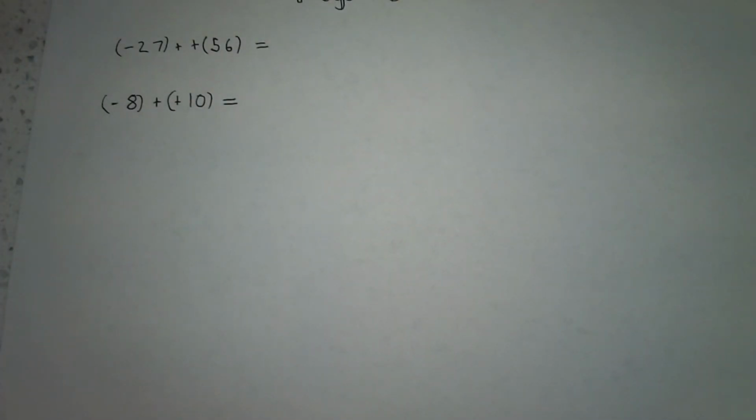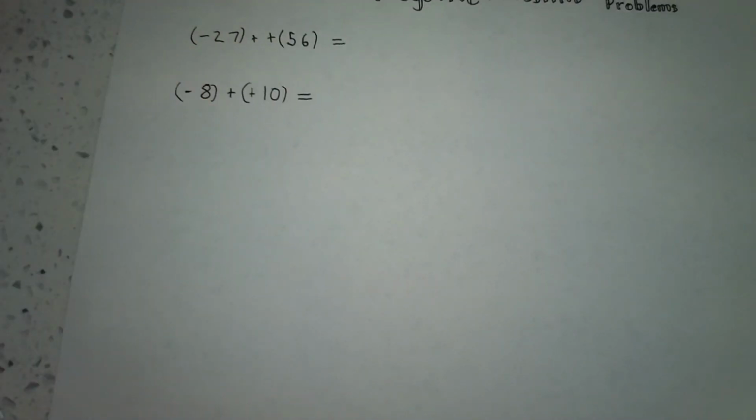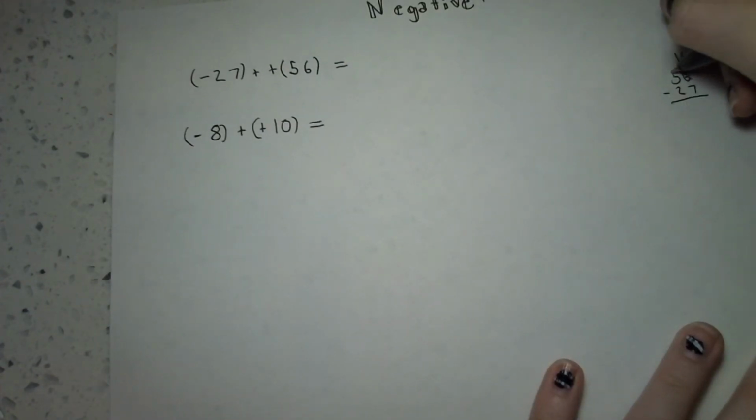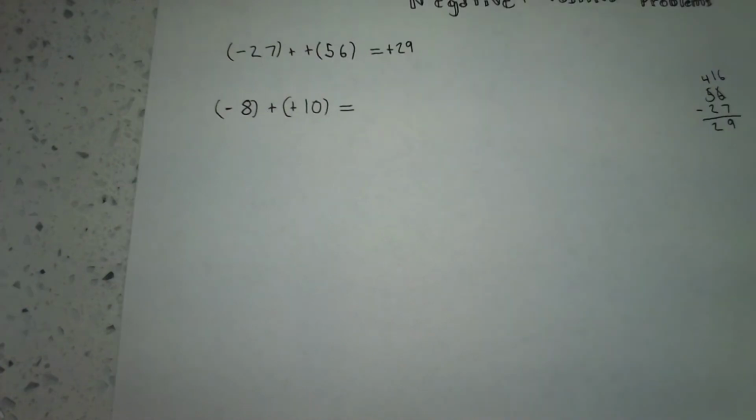Now we're doing negative plus positive. So answer this question. So how did you get that? So it is a negative number and a positive number.